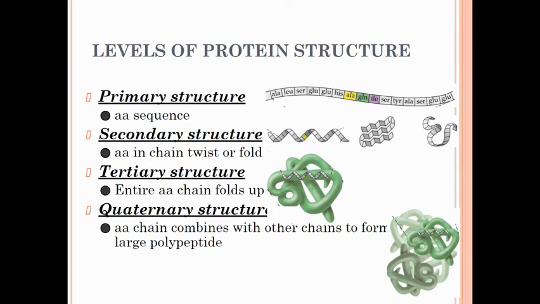They're going to either twist or fold into a specific shape depending on how those amino acids were put together. Tertiary structure is when the entire amino acid chain folds up even more condensed. And then quaternary structure is when the amino acid chain combines with other chains to form a large polypeptide.